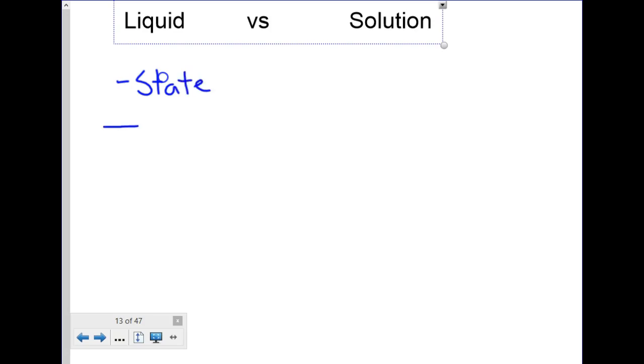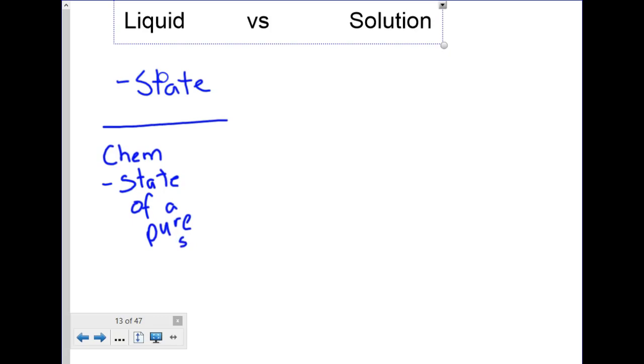But in chem, it is the state of a pure substance. And as much as I'd like to think coffee is pure caffeine, it's not. I'm gonna live dangerously and see how long it takes to fall off the table, right?